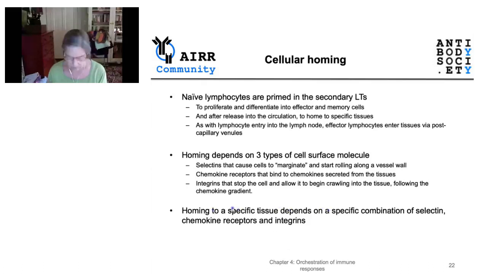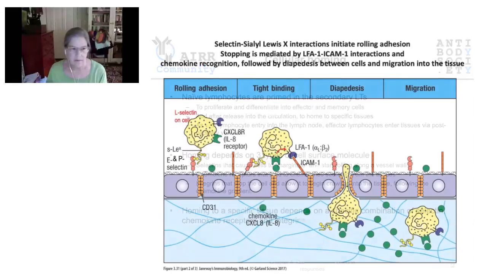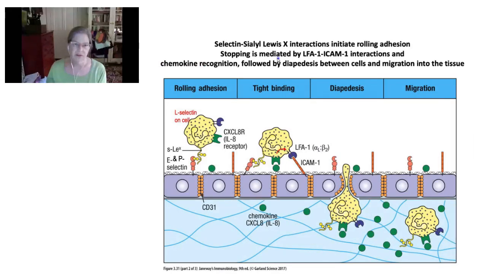Now, again, that's going to be a primed lymphocyte that has entered the circulation knowing what it's supposed to become, because it was told to be that way by whatever was going on in the secondary lymphoid tissue when it went from being a naive cell to being an effector lymphocyte of some kind. Okay, so here's a little picture, and this is selectin.